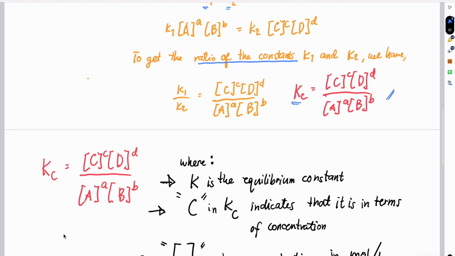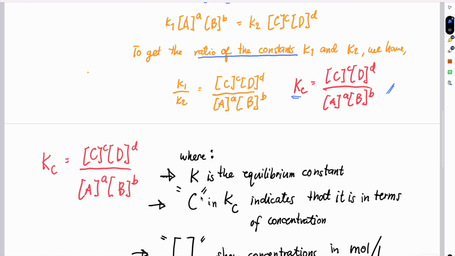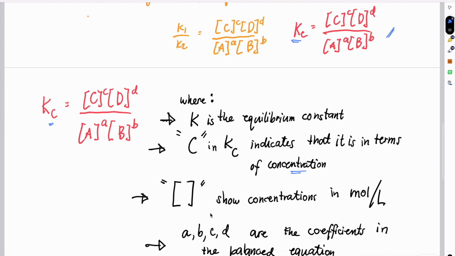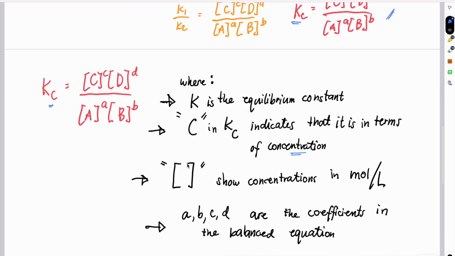Here K is the equilibrium constant, like I said before. C in K sub C indicates that it is in terms of concentration. Why are we using square brackets instead of parentheses? Square brackets are used to indicate that the givens in the problem are in mole per liter. This is molarity. Okay? What if I use parentheses, ma'am?